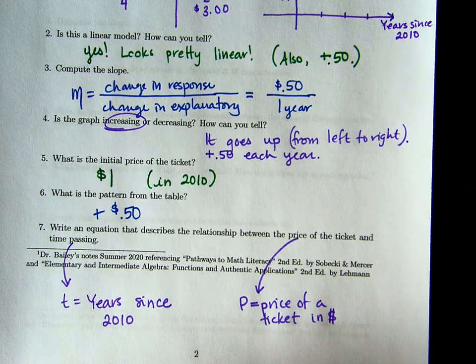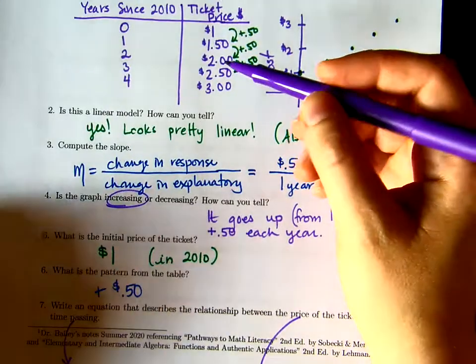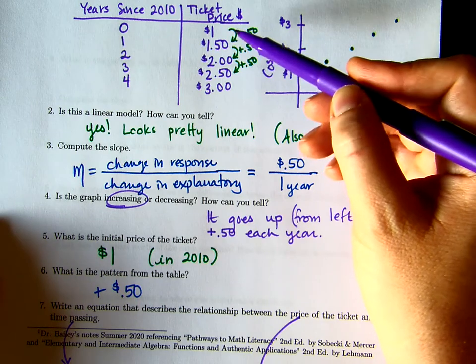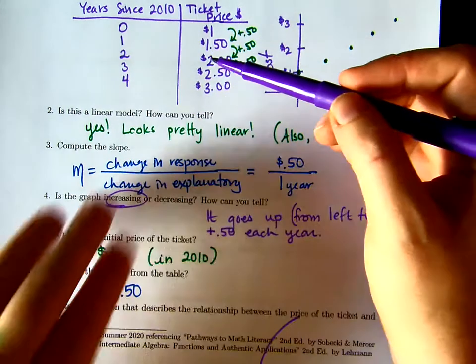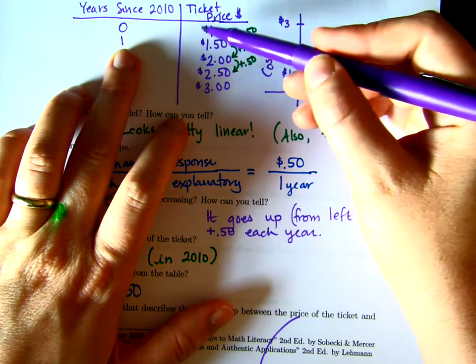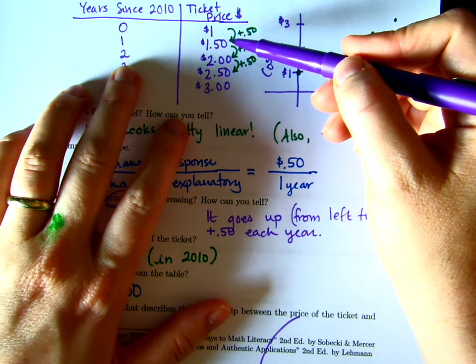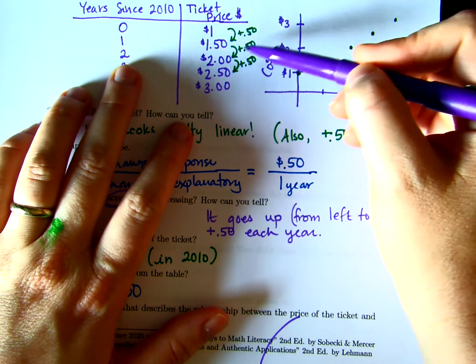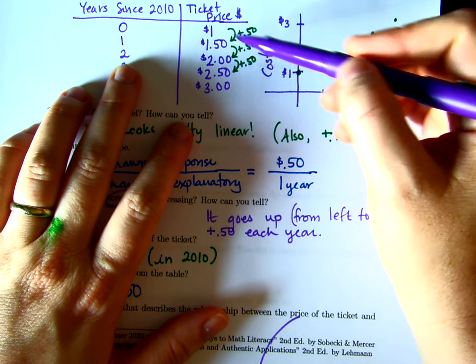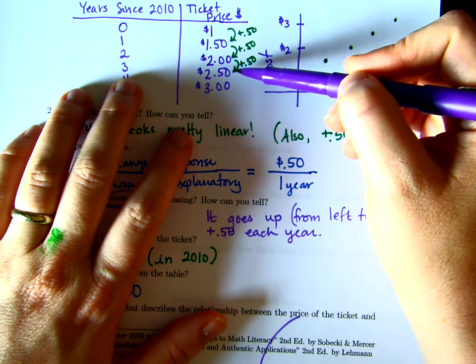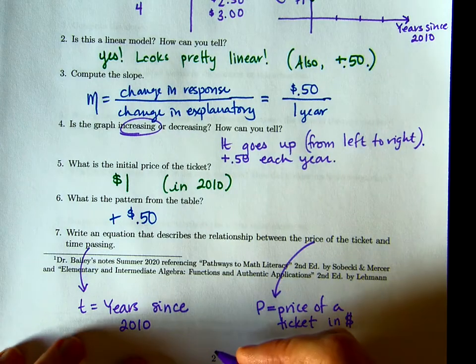And then, okay, well, it started at $1 and then we are adding 50 cents however many times per year. So like we start at $1 and then we add 50 cents. Started at $1 and then we added 2 additional 50 cents. Started at $1 and we added 3 50 cents. So the way I'm thinking about that is like this.